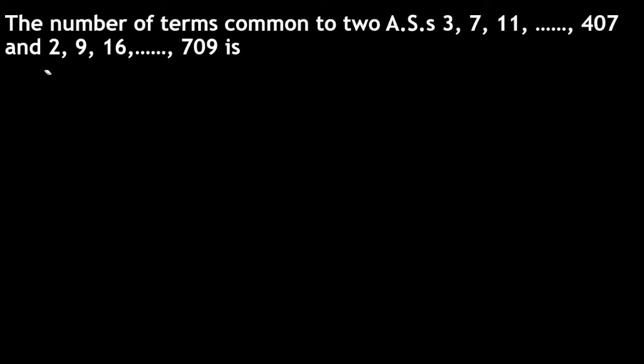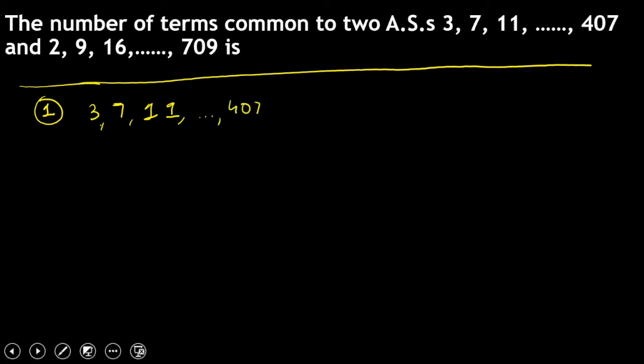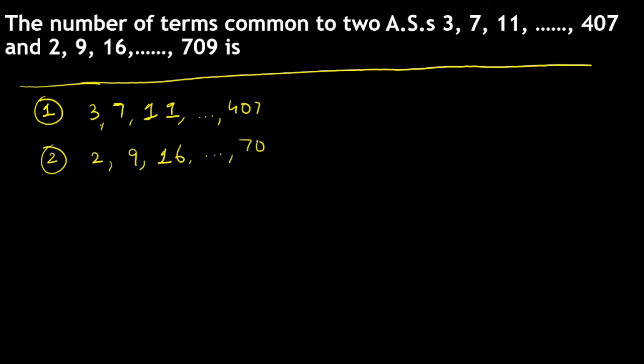Okay, so our first sequence is 3, 7, 11, up to 407. Our second sequence is 2, 9, 16, all the way up to 709, right?